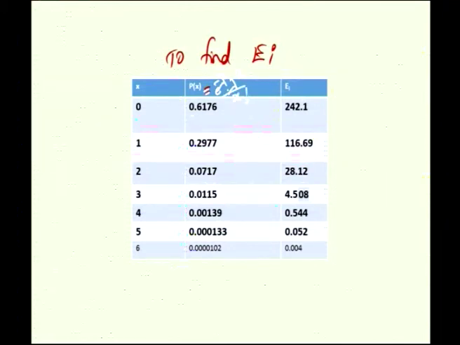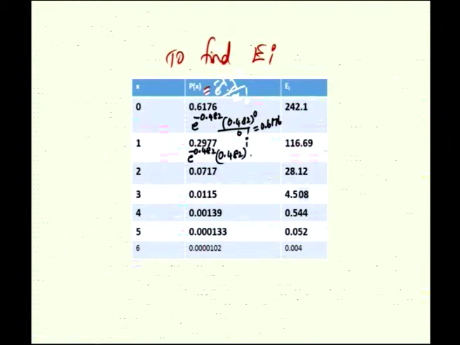So, for example, this 0.6176 is got as e power minus 0.482 into 0.482 whole power 0 by 0 factorial, and this value is 0.6176. Similarly, this is e power minus 0.482 into 0.482 whole power 1, which is equal to 0.2977. So, like that this column has been formed: 0.0717 and 0.0115.